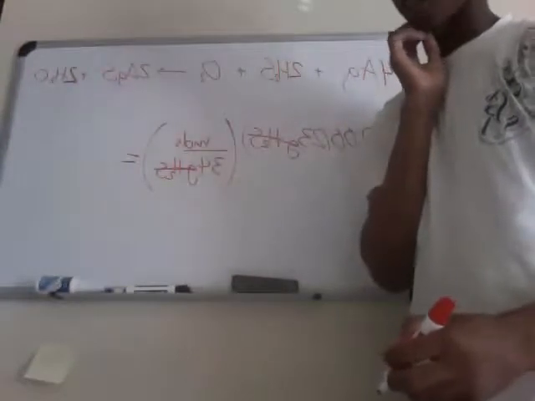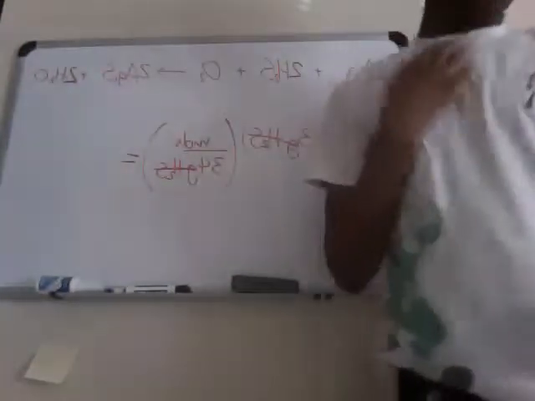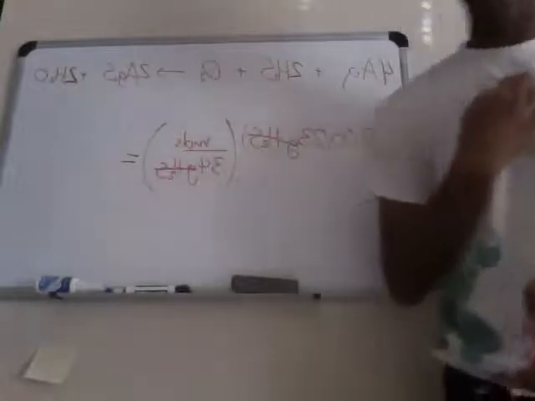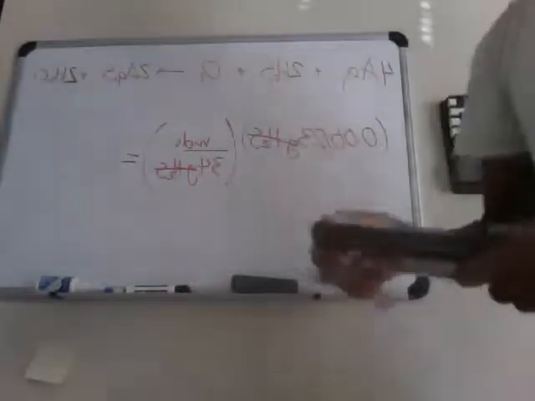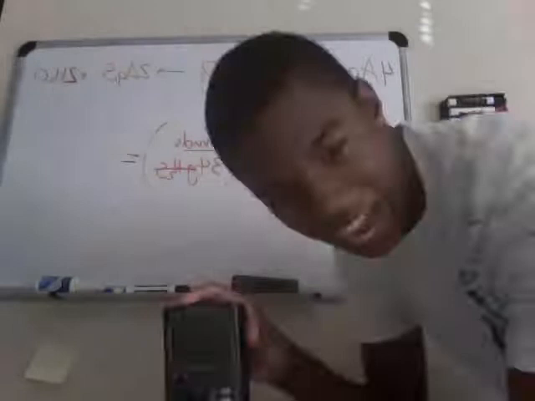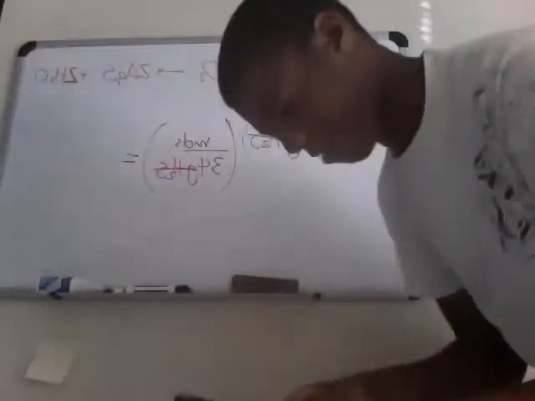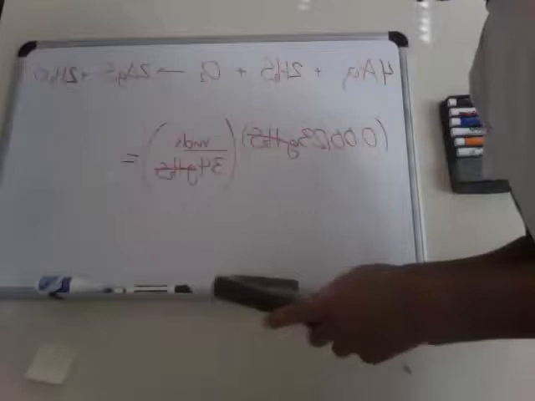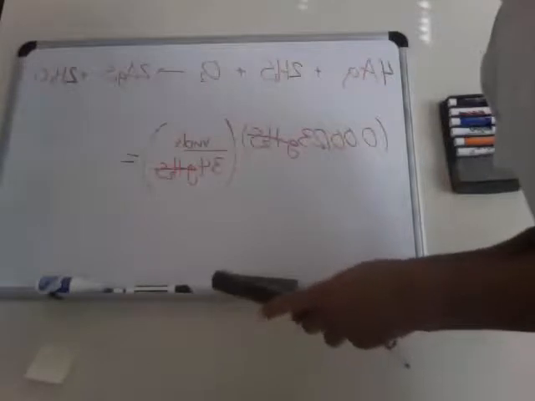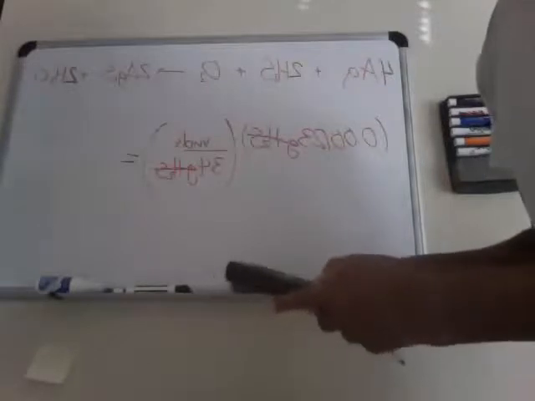So 0.00123 divided by 34 grams is, I should probably get a calculator. Okay, next time I do this, I'll be more prepared. Okay, so 0.00123 divided by 34.